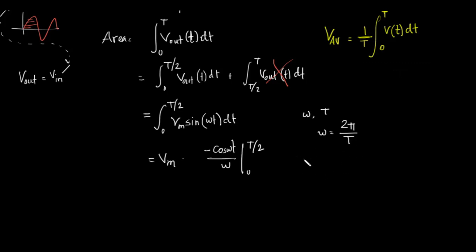Okay, so if we put these values, we will get Vm times 1 by omega times minus cos omega T by 2 minus cos 0.